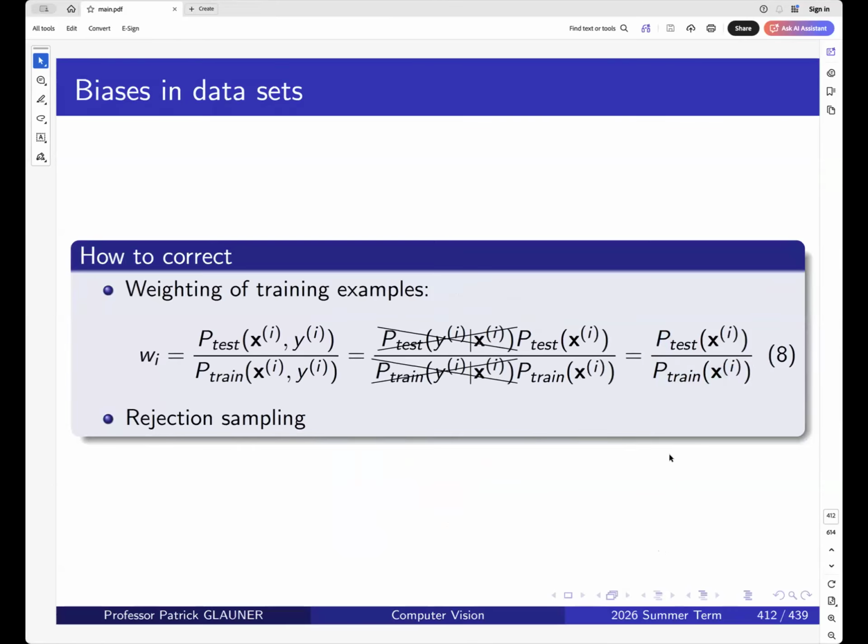So this helps, and we can calculate the weight more easily than before. Yet in practice, this is still challenging because X could be high dimensional. While we got rid of the label in this calculation, it's still an issue. And if X has a lot of dimensions, we still suffer from the curse of dimensionality.